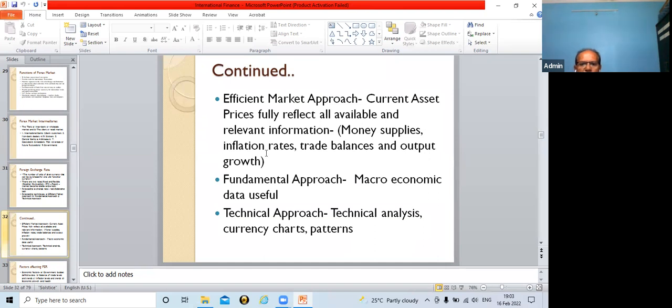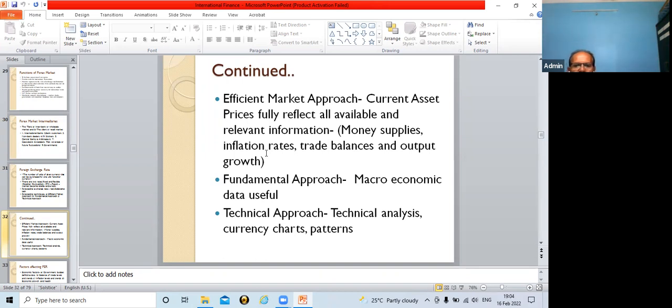Suppose if inflation rates are stable, say from last 10 months, so one can assume that this particular country has control over inflation rate, and they are good enough to control inflation.